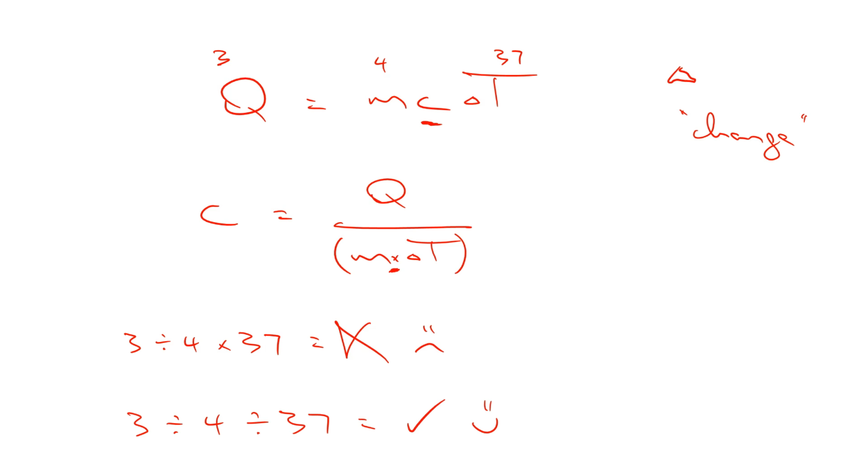So you would need to do 3 divided by, and then use your brackets because the M and the delta T have been grouped. So divided by 4 times 37 equals, and then you'll get it right and you'll be happy.